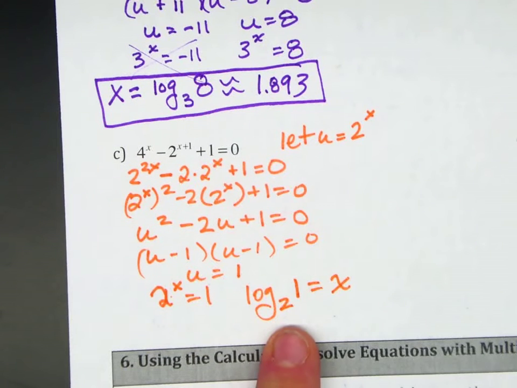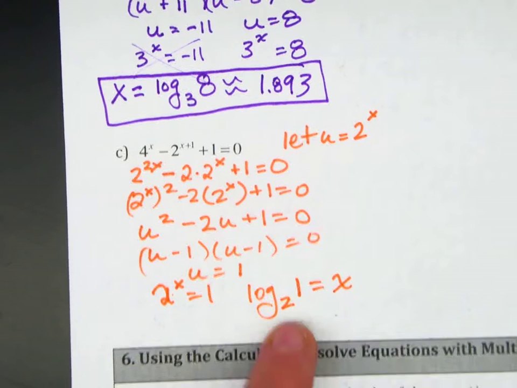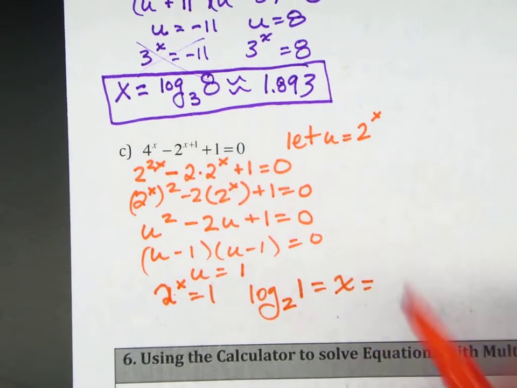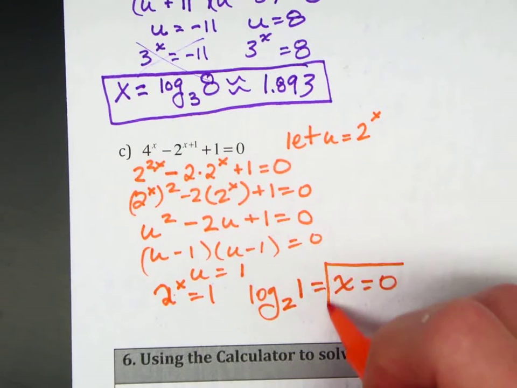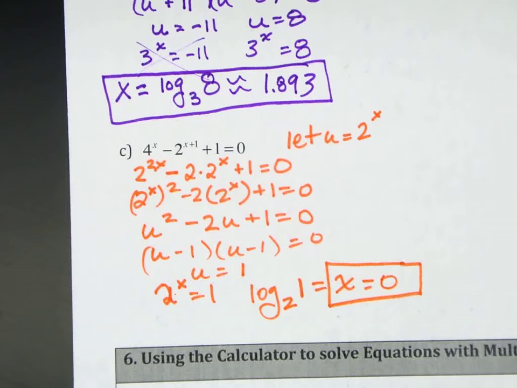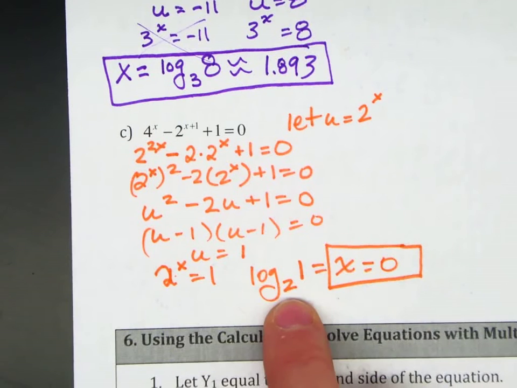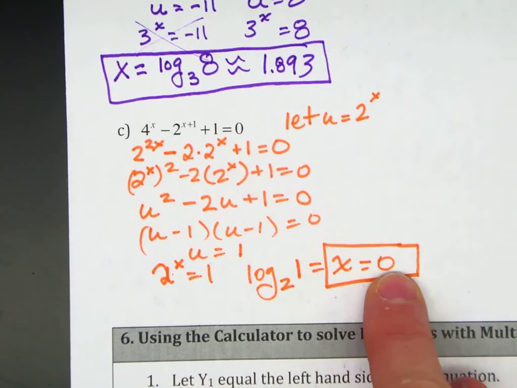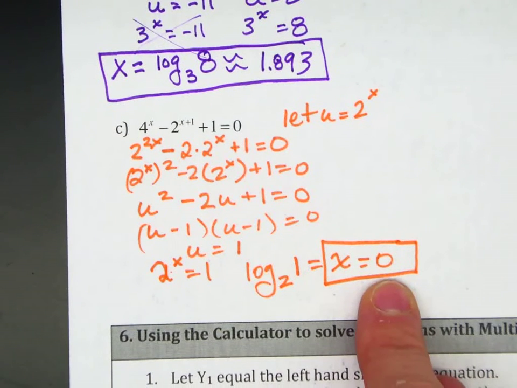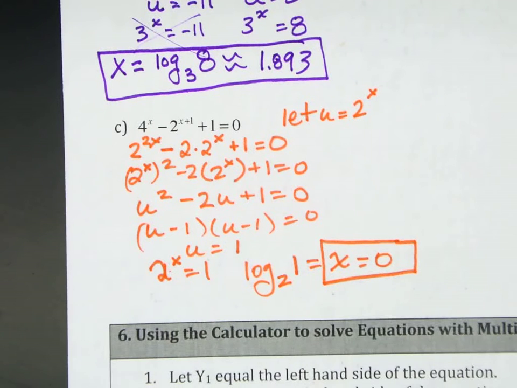What is log base 2 of 1? 0. Every time you take the log of 1, doesn't matter what the base is, the log of 1 is always 0. So we don't have an approximate answer here. We just have an exact one. Be careful for that. If you guys do not simplify and you have an exact answer, if you put this for the exact answer versus this, you will lose points. You need to know that the log of 1 is 0.